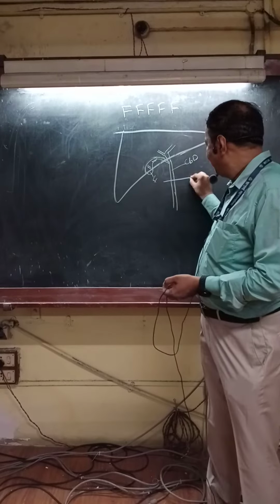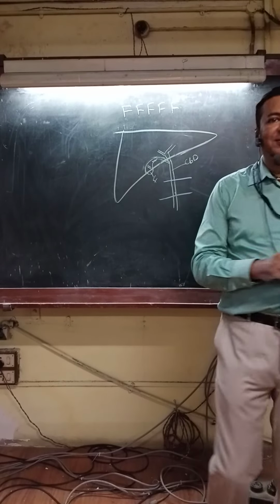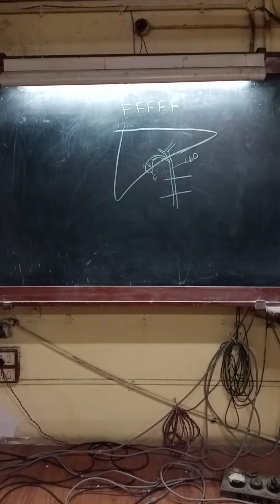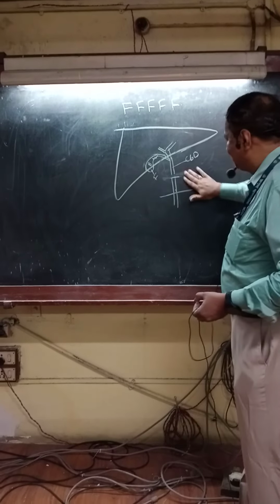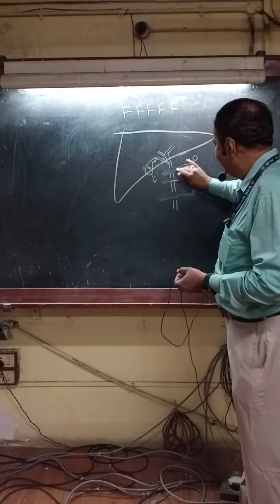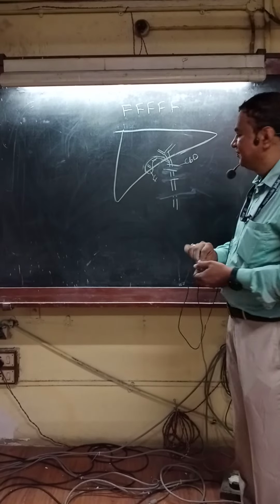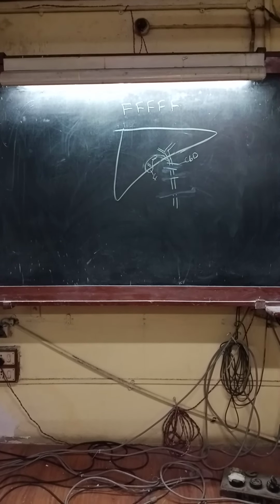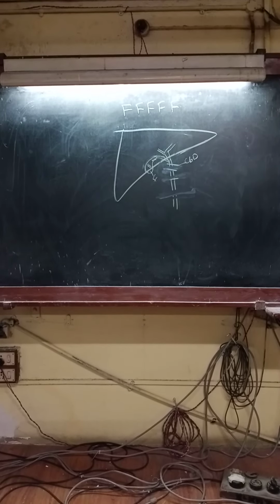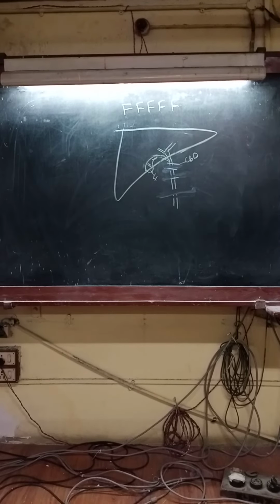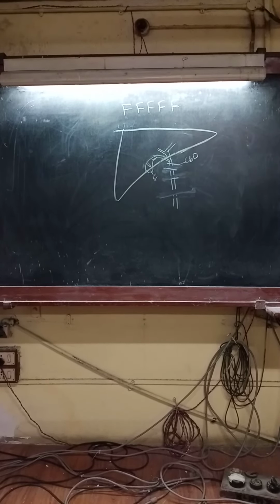It is divided into three parts by what structure? Of course, it is far higher up, I have just drawn it lower down. It is divided into three parts by the duodenum: supraduodenal, retroduodenal, and infraduodenal.